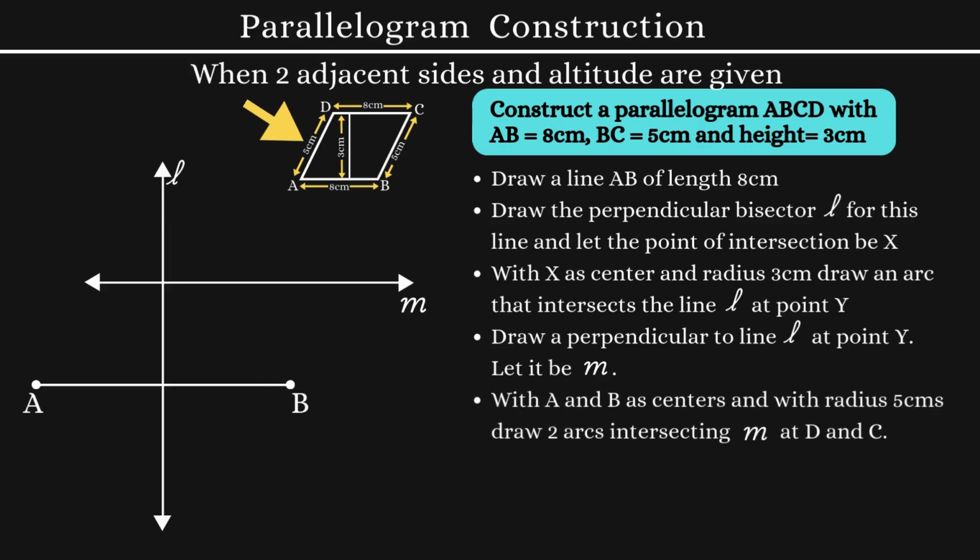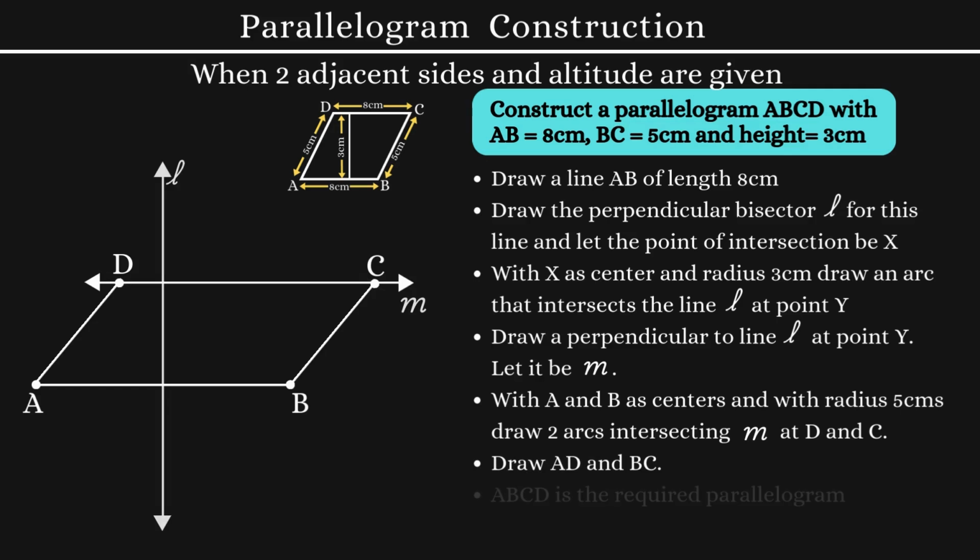With A and B as centers and 5 cm as the radius, we'll draw two arcs which intersect the line M at 2 points. Those points will be D and C. We'll now join AD and BC. ABCD is the required parallelogram.